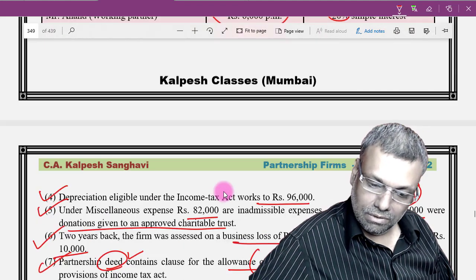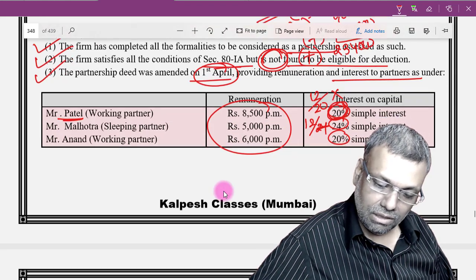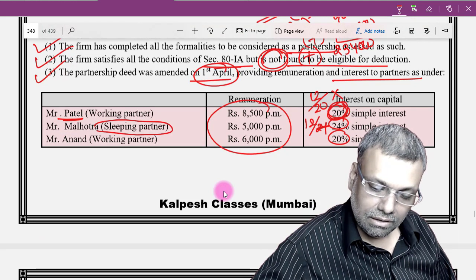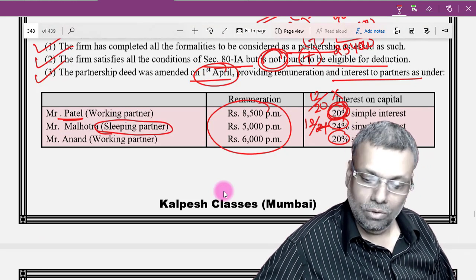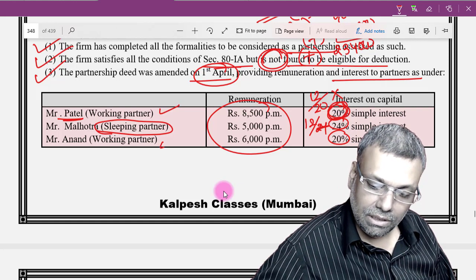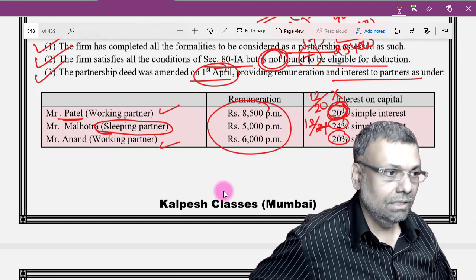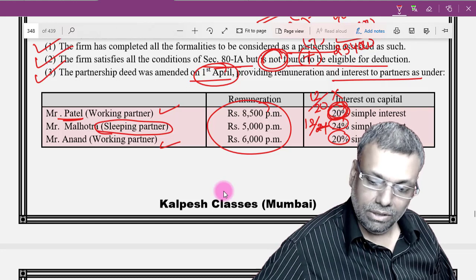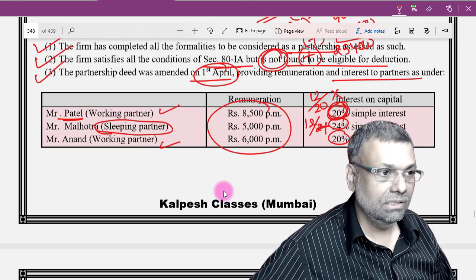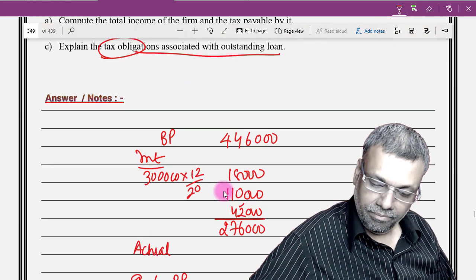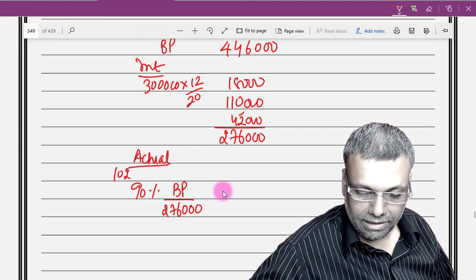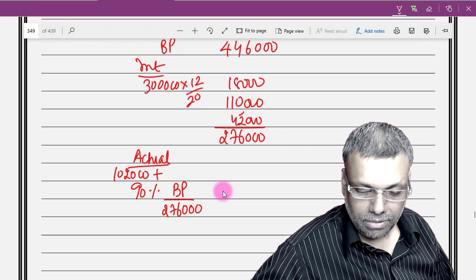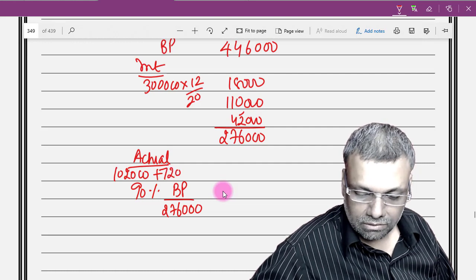Now actually you see, somebody was working, not working, all that. So Patel is working, Malhotra is sleeping. So only Patel will be eligible and Anand will be eligible. They are only 8,500 per month and 6,000 per month. So only these two people will be eligible. 1,02,000 plus 72,000.